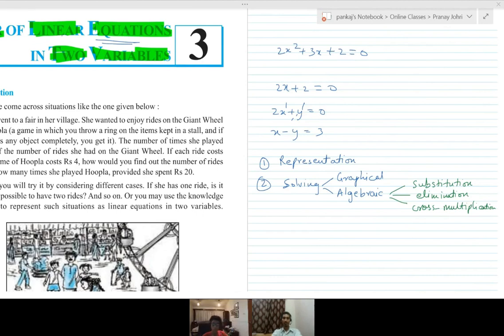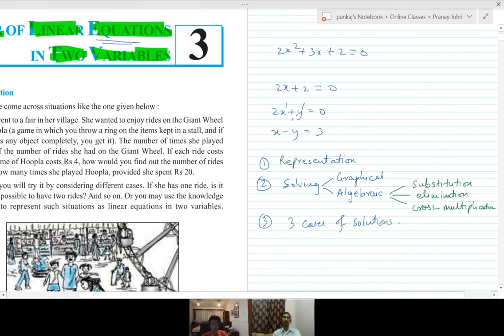And there will be three different cases of the solutions.